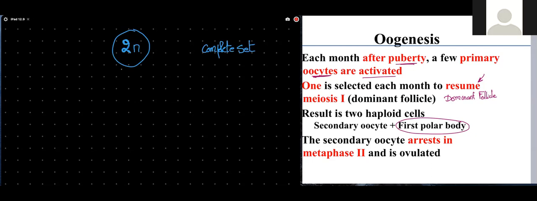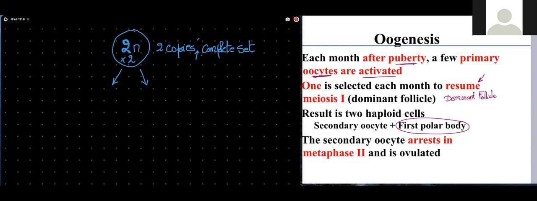Meiosis 1 will allow this cell to divide. And remember, before division, this cell did replicate its genetic material. So this means it has two copies of how many sets?